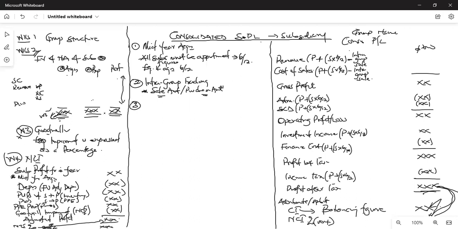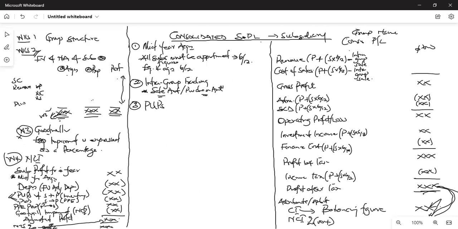Trick number 3. Most of the time, when there are these sales, you may have to compute PAPs. The PAPs, when the P sells to the S or whether the S sells to the P, is still PAP. The only thing is that when the S sells to the P, it comes here too. But with regard to the P&L, whether P sells to S or S sells to P, there is still a provision for unrealized profit.